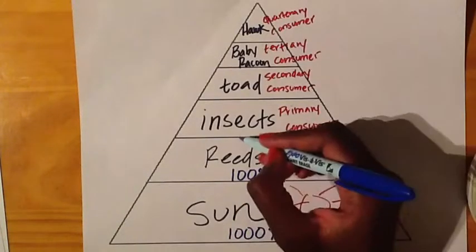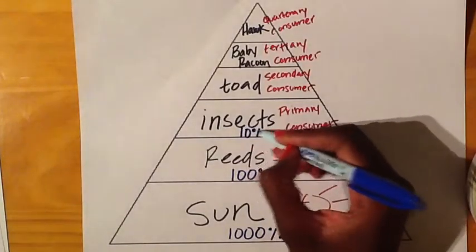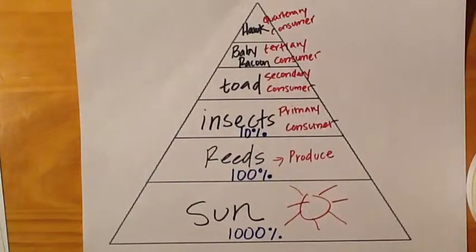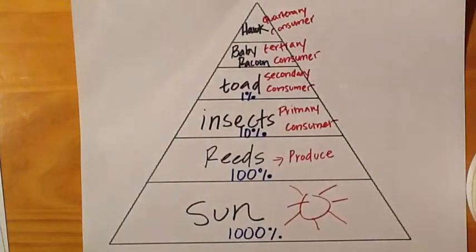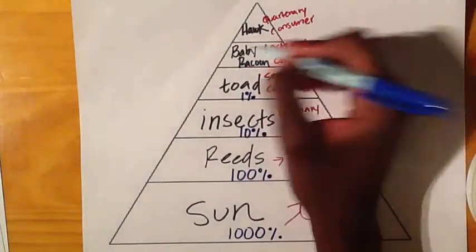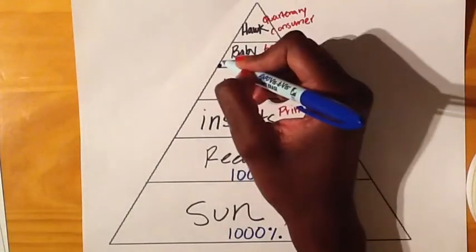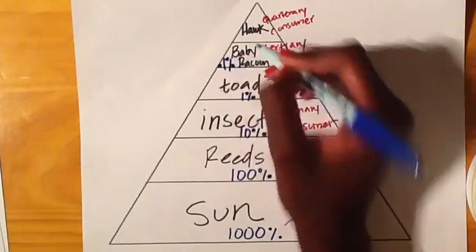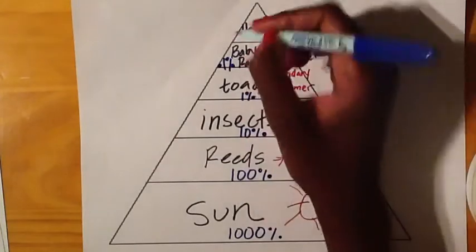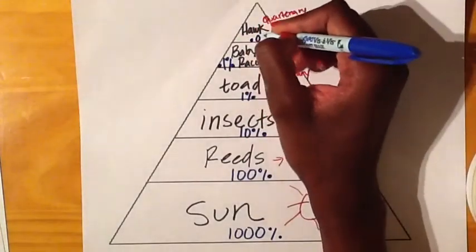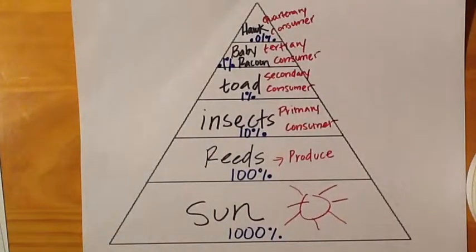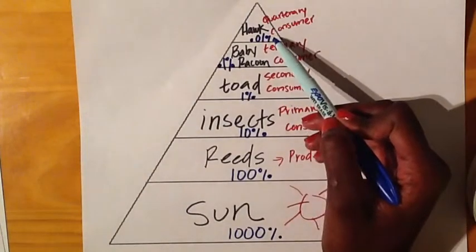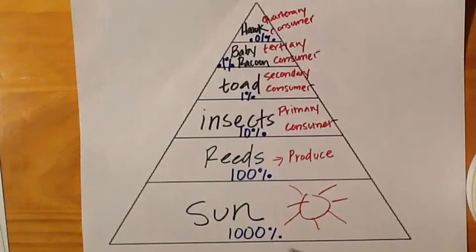Our insects would get 10 of that. Our toad would get 1. Our juicy raccoon would only get about 0.1. And our hawk is going to get 0.01. And the percentages are talking about how much our hawk is going to get of the sun's original energy.